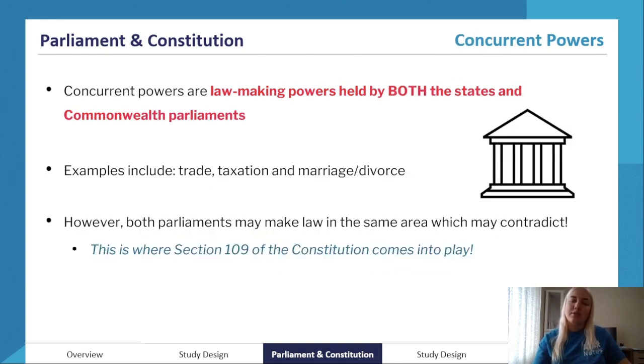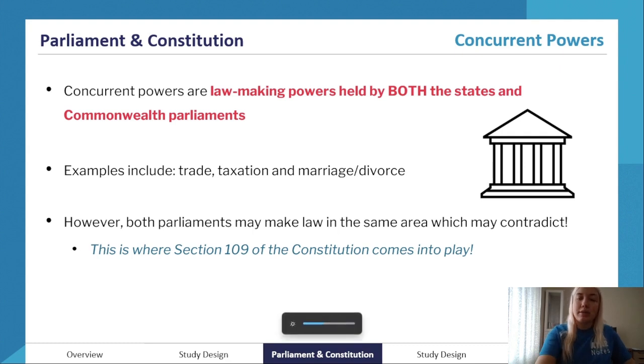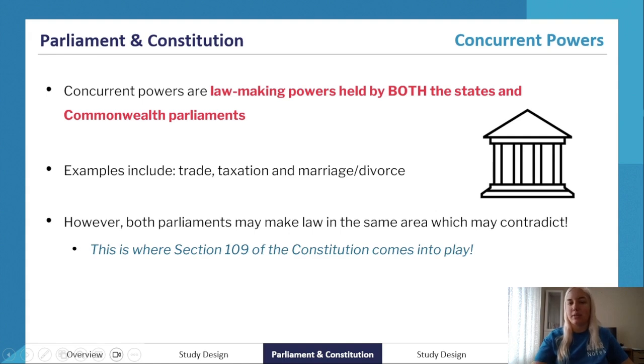Okay, so we said exclusive powers are held by the Commonwealth, and we're able to define that and provide a few examples. Now, concurrent powers, it's literally in the name, concurrent, so clashing or shared. These are the lawmaking powers that are held by both the state and Commonwealth parliaments. And you might be thinking, well, how does that work?